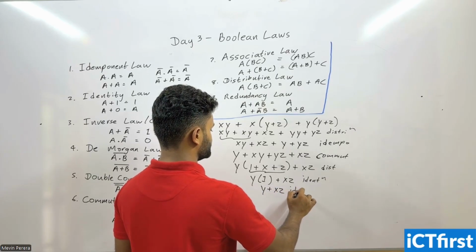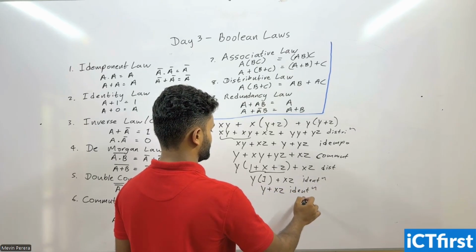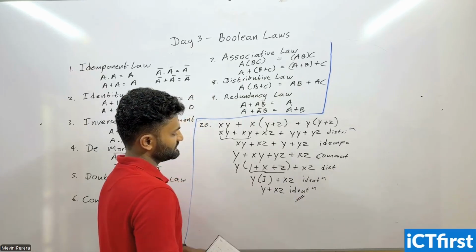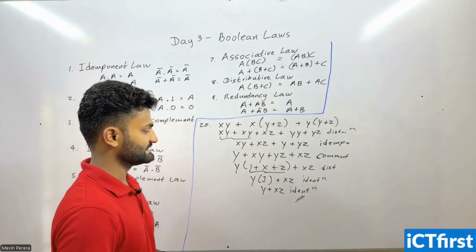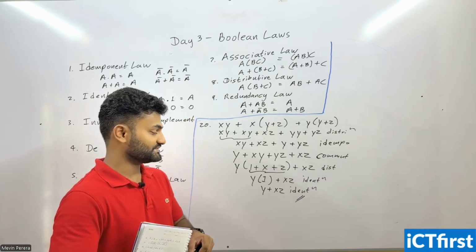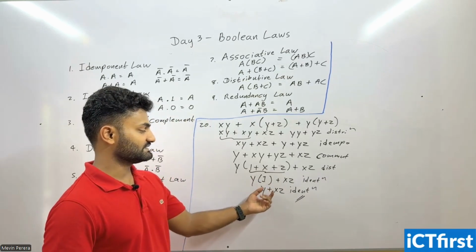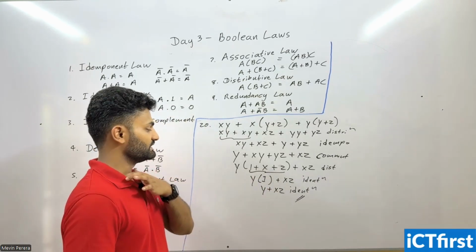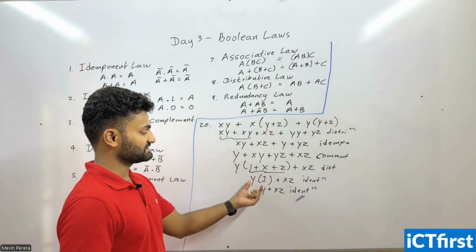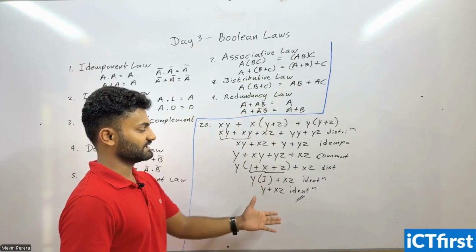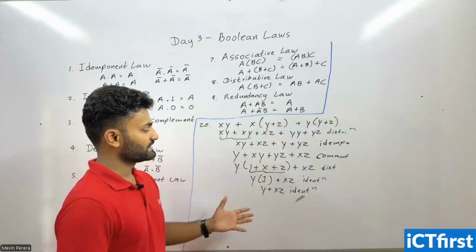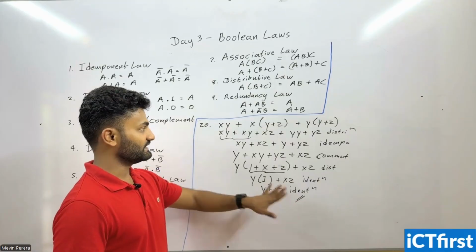So the final answer is y plus xz. We cannot simplify this further because it's three different variables. If there were an x bar here, we could use redundancy and simplify. But this is the most simplified answer.